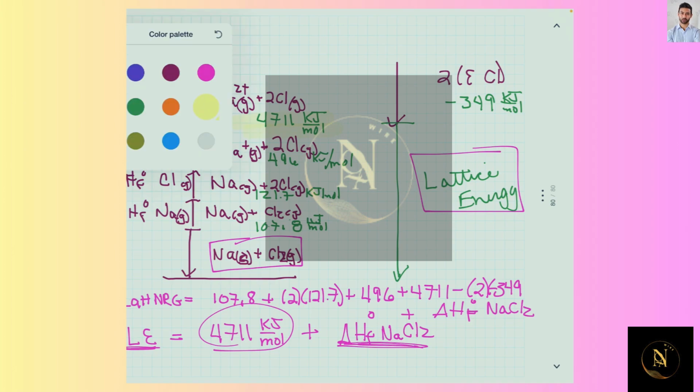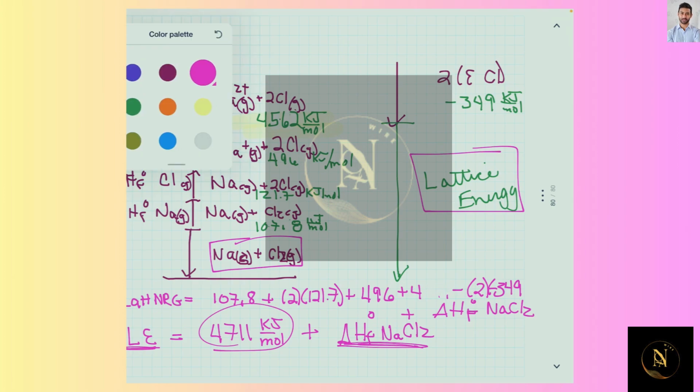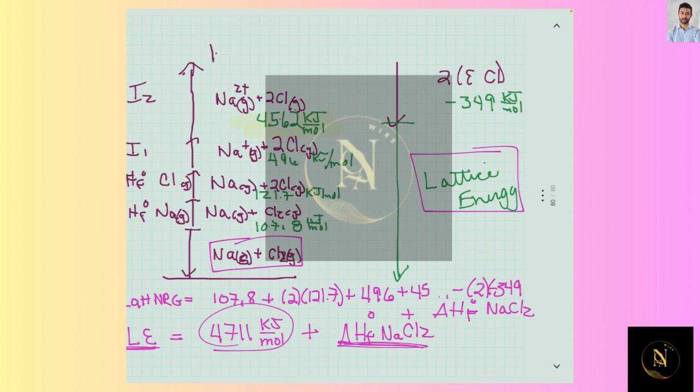I don't feel like 4711 is correct. It's 4562. My bad. I wrote the answer there, 4562. There we go. Then I'm going to erase this and fix that. That's better. And then that's what it equals. I just copied the wrong number down. I'm sorry.